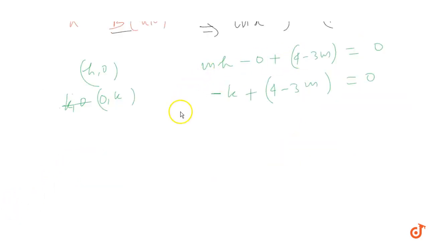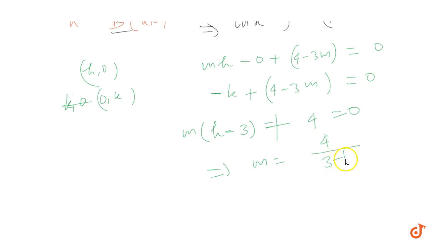Now let's take m common. It would become m(h minus 3) plus 4 equals 0. This will become m equals 4 upon 3 minus h, isn't it?